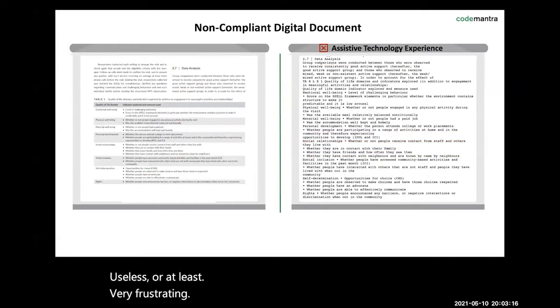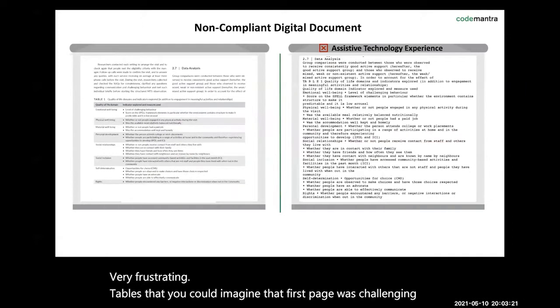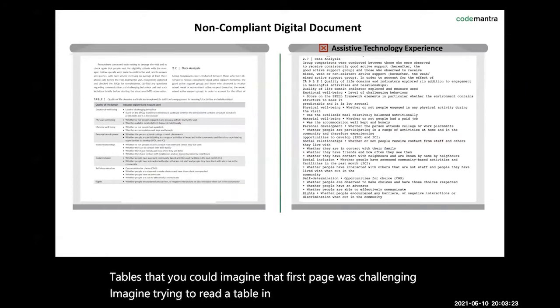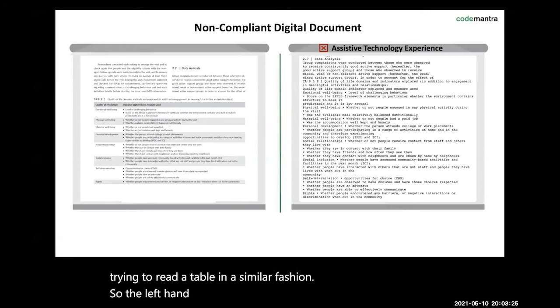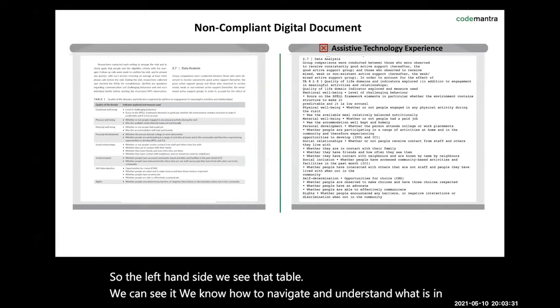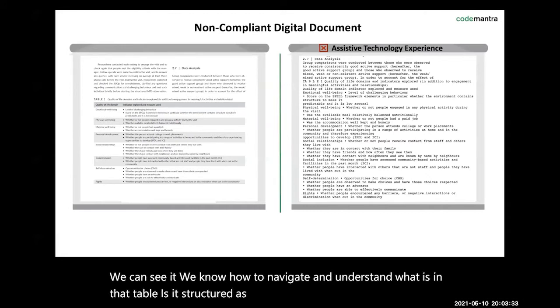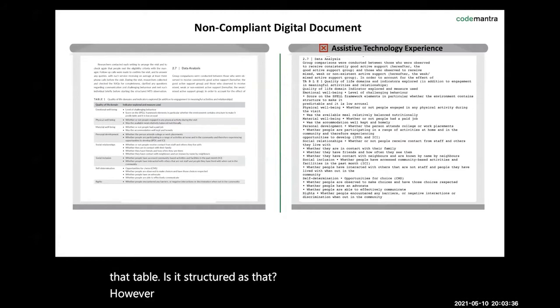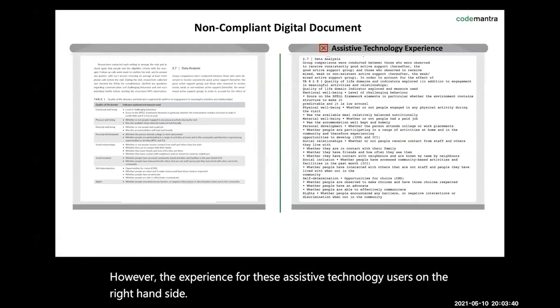Tables. If you can imagine that first page was challenging, imagine trying to read a table in a similar fashion. On the left-hand side, we see that table. We can see it, and we know how to navigate and understand what is in that table because it's structured as such. However, the experience for these assistive technology users on the right-hand side is much, much different.